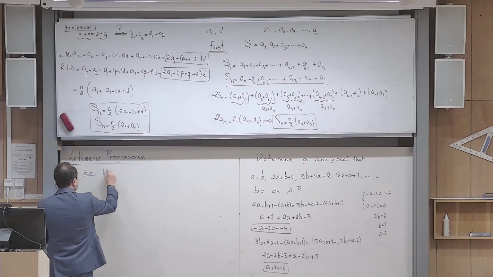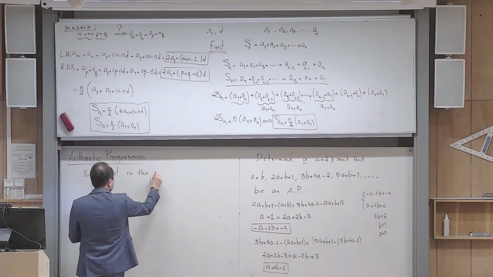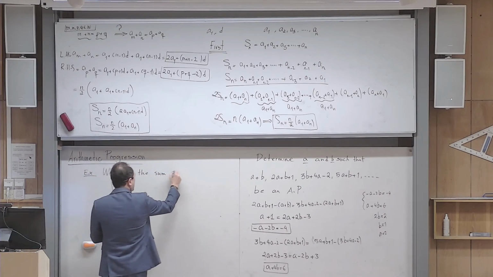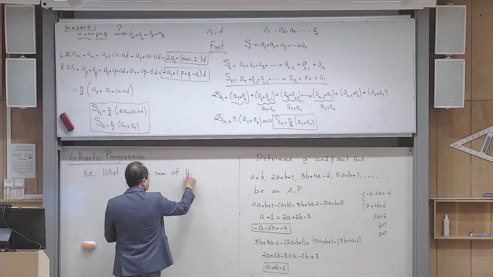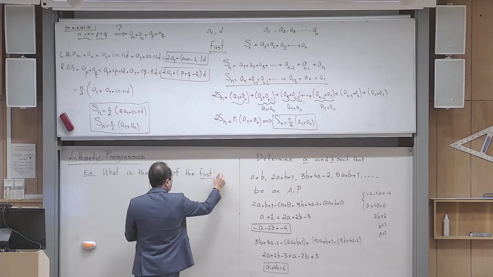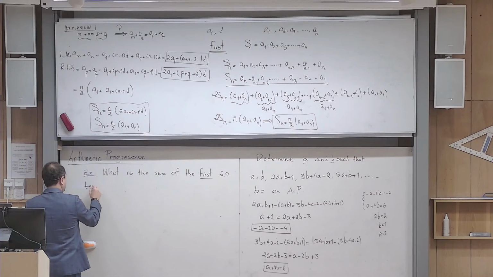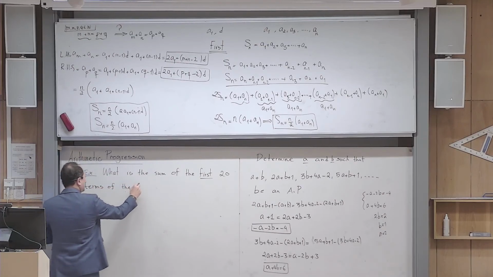What is the sum of the first 20 terms of the following AP?